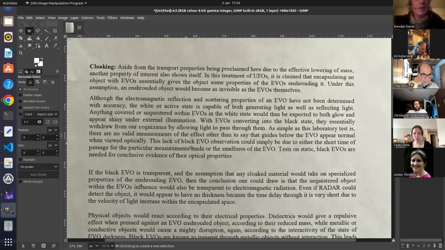This lack of black EVO observation would simply be due to either the short time of passage for the particular measurements made or the smallness of the EVO. Tests on static black EVOs are needed for conclusive evidence of their optical properties.